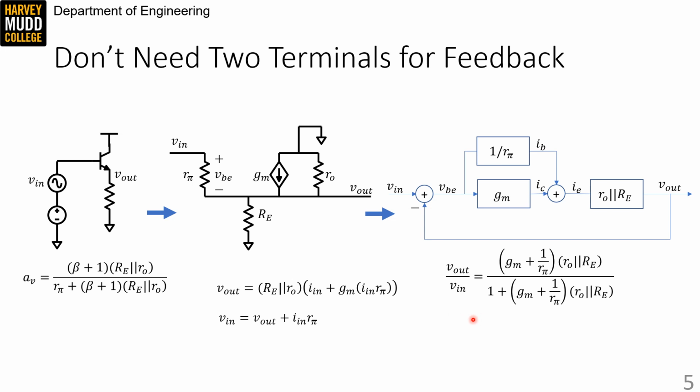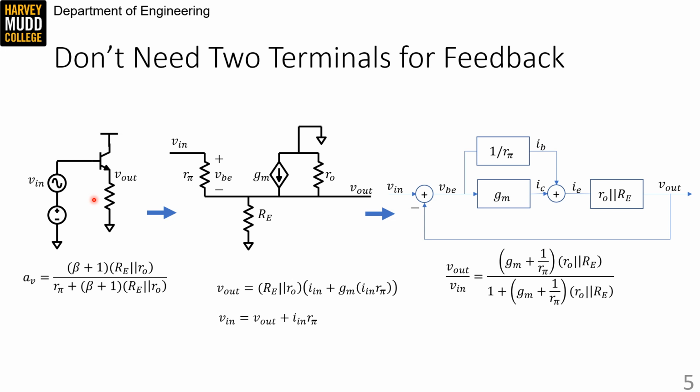Now, one weird thing is if I look at this image, I don't see something in feedback. There's nothing wrapped from the input to the output. But as we push more current through the base, the GM generator current reduces our base emitter voltage by driving up the output impedance. So that's a type of feedback that reduces the swing across the base emitter junction.